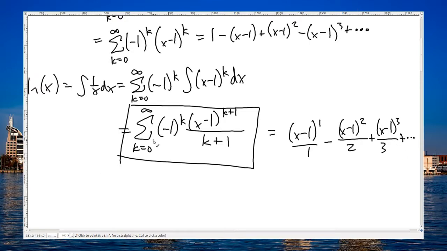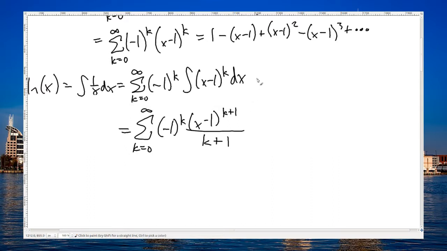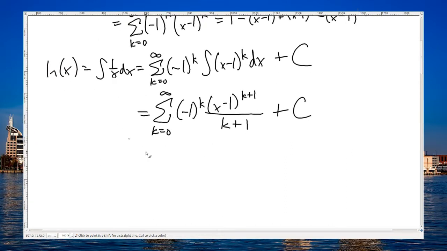Except, what did I do wrong? Well, it's integration, so there's always that plus c. Always that plus c we've got to worry about. So let's back up a little bit. So there's a plus c. How the heck do I handle that? Well, let's go ahead and plug in something we know about natural log.